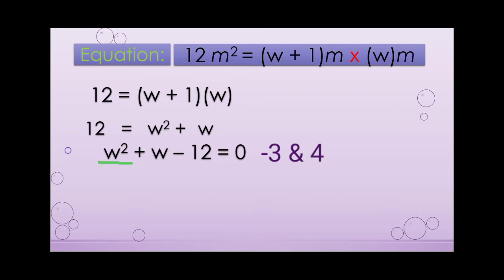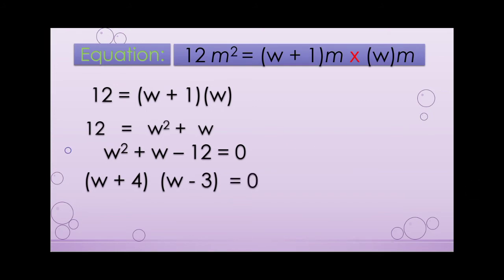So we have now W plus 4 multiplied by W minus 3. Then of course, this is equal to 0. Then after factoring, let us equate each factor to 0. We have now W plus 4 is equal to 0. Then, second one is W minus 3 is equal to 0.